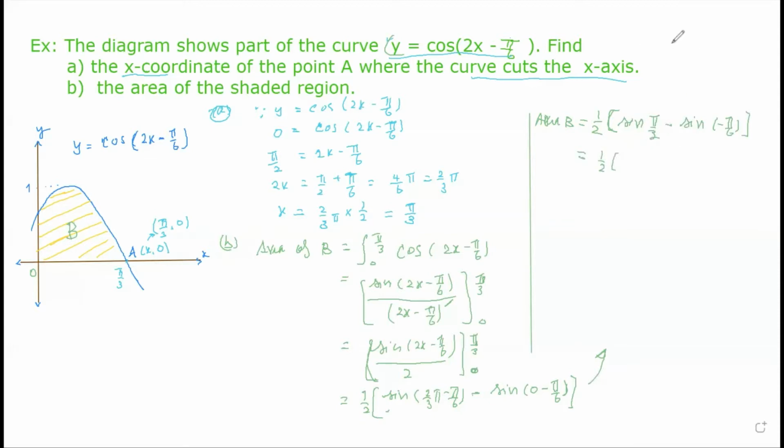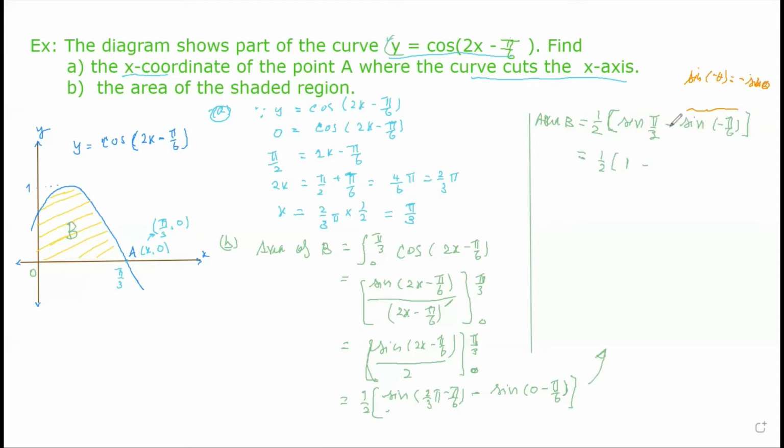Sine 90 is opposite over hypotenuse, which becomes 1. Minus, and then this is a formula, correct? The formula for sine: you remember sine of minus theta equals minus sine theta.